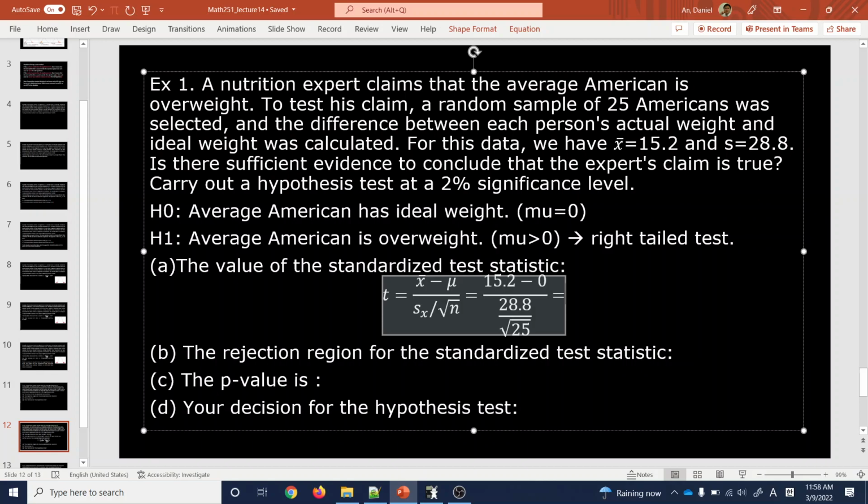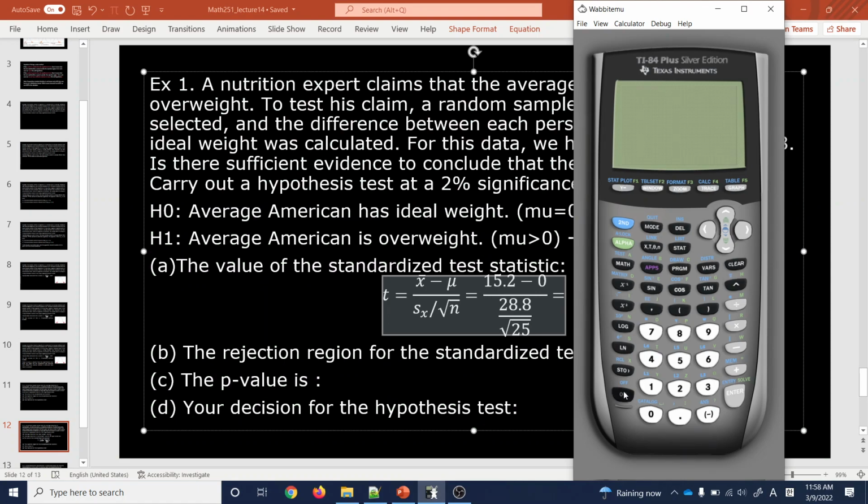All right, so let's use 15.2. When you do this, please use parentheses. I think the number one mistake people make in this calculation is forgetting to use the parentheses properly, and even if they have all the work done correctly, they end up doing it wrong. Put parentheses around both the numerator and the denominator.